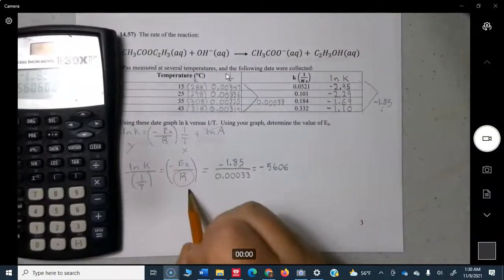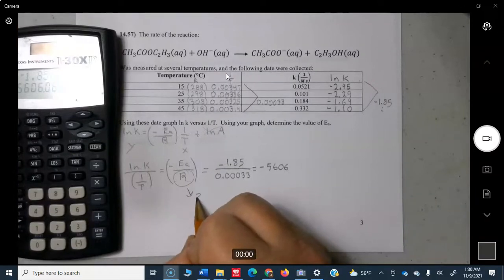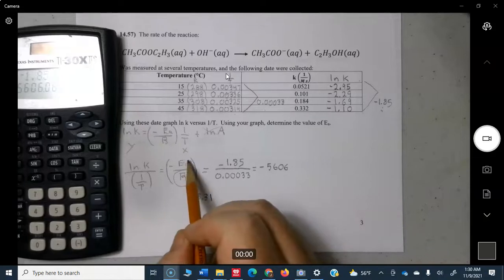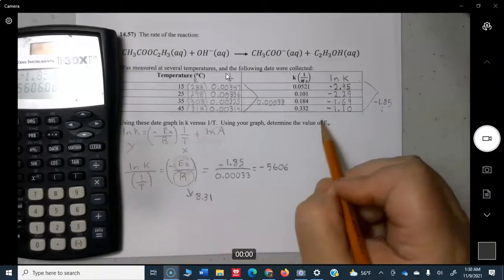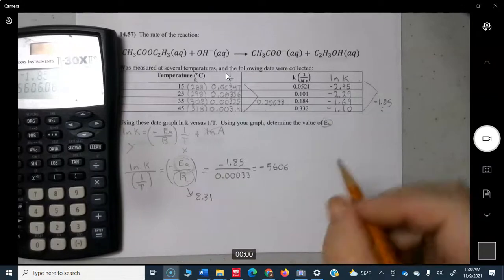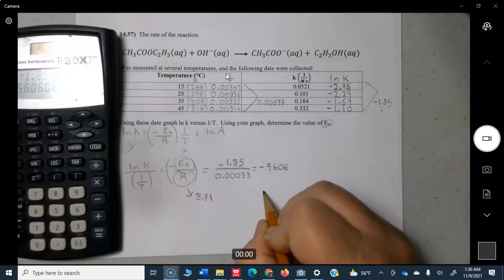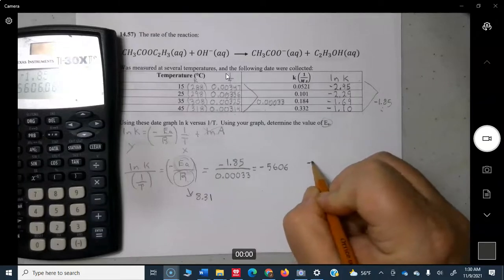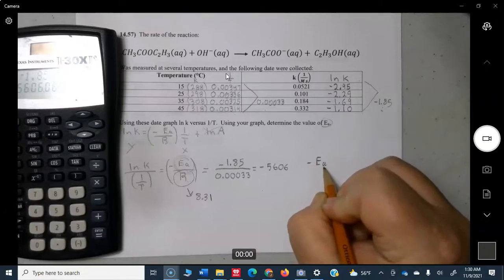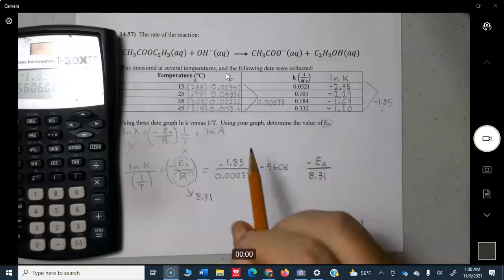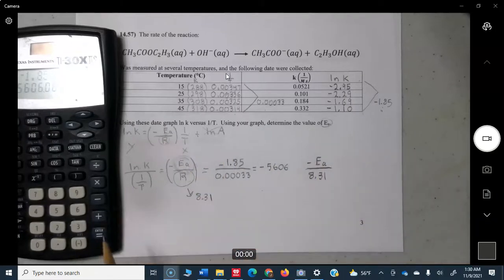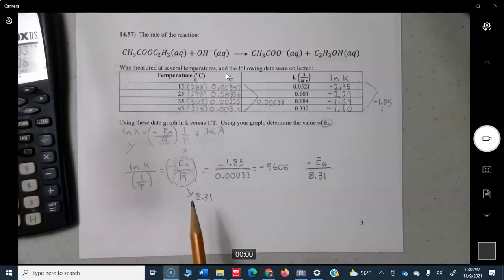Now this is a constant, and we know that this constant is 8.31. Okay, so if we want to know EA, this number right here, that's what the question's asking us for. I'll come over here and I'll write it out. So negative EA over 8.31. That's the gas constant that we use in this problem, not the 0.08211.